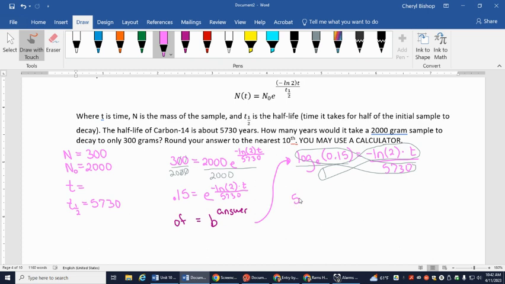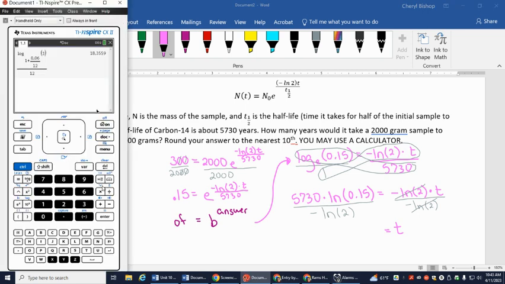So it's going to be this 5730 times the natural log, because it's log base e, of 0.15 equals negative the natural log of 2 times t. How do I solve this for t? Yeah, divide by what's being multiplied to it. Divide by the negative natural log of 2 so that this cancels out. And on my right-hand side, I just have t.